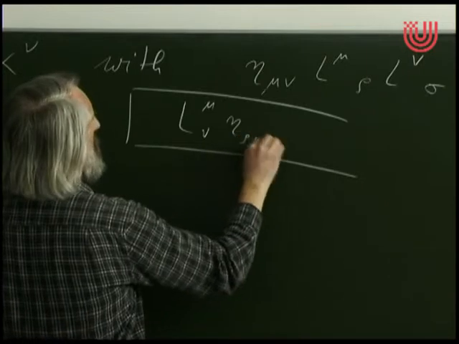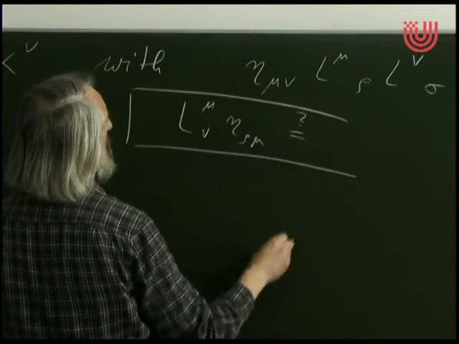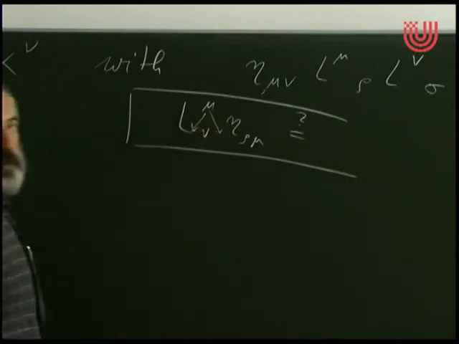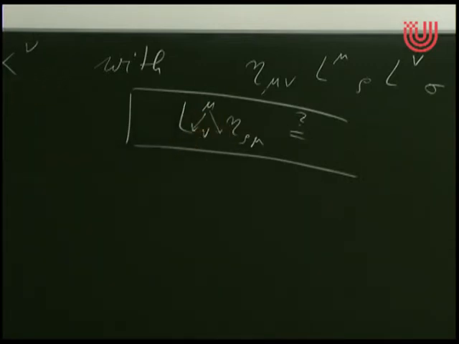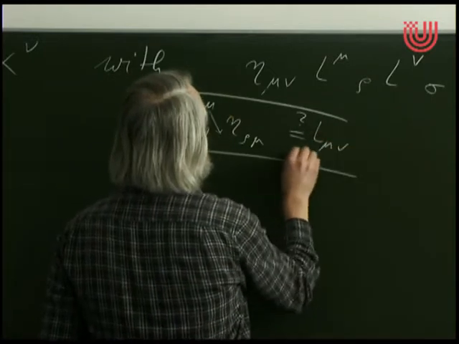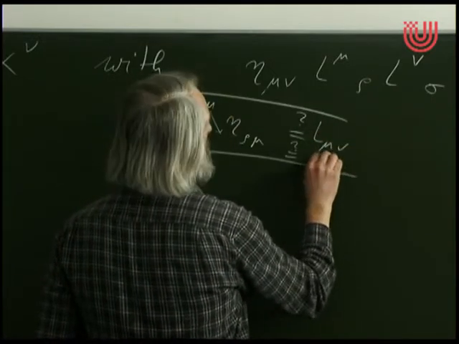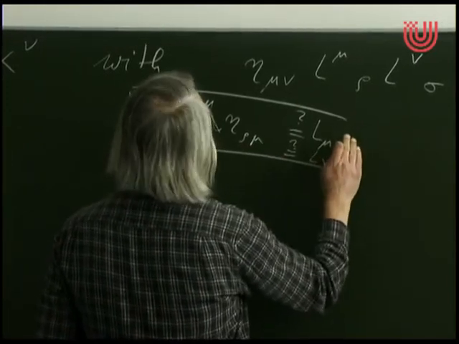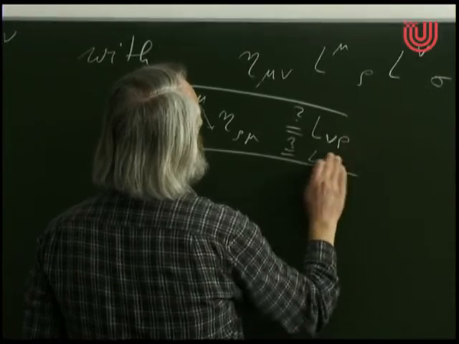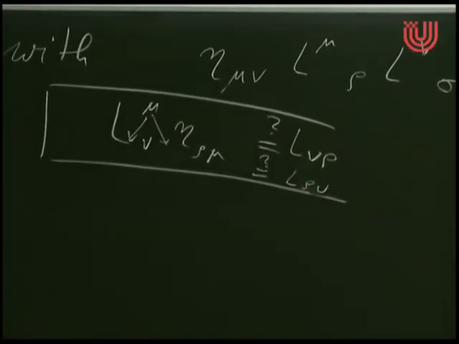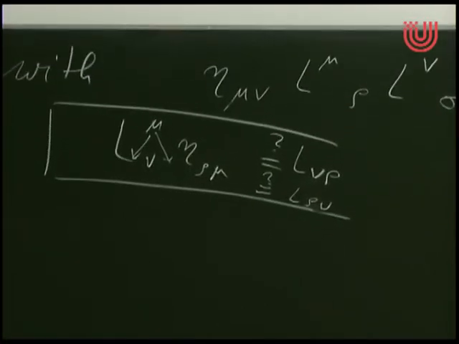Rho mu. So is this the same as pulling the mu here to this place or pulling to this place? I cannot read it from this expression. So is this the same as L mu nu, or is this the same as L nu rho or rho nu? And that's not the same thing. So that's the reason why you shouldn't write the indices one above the other.